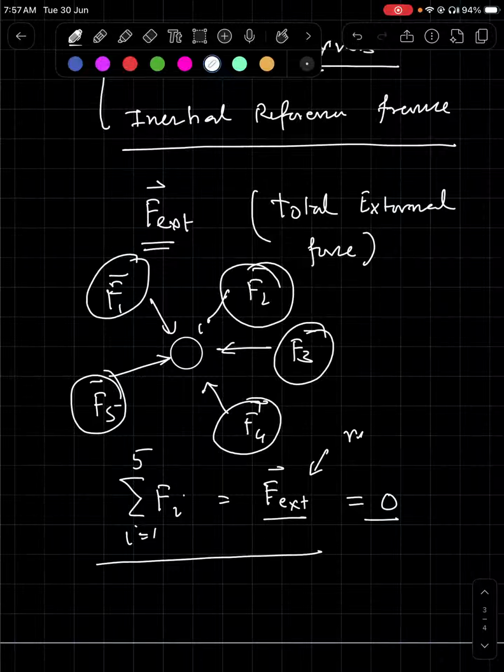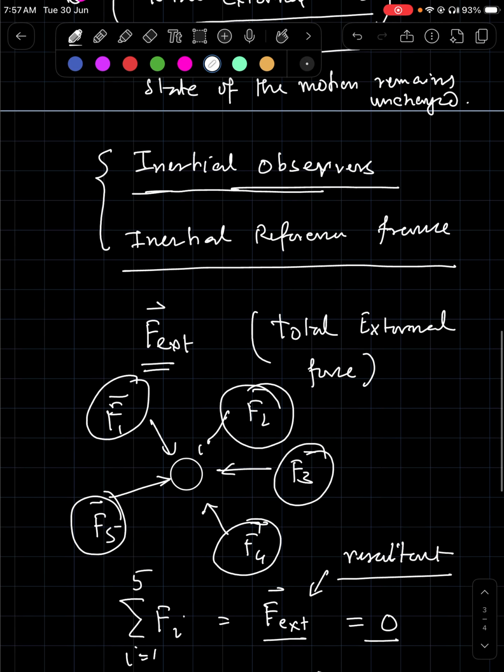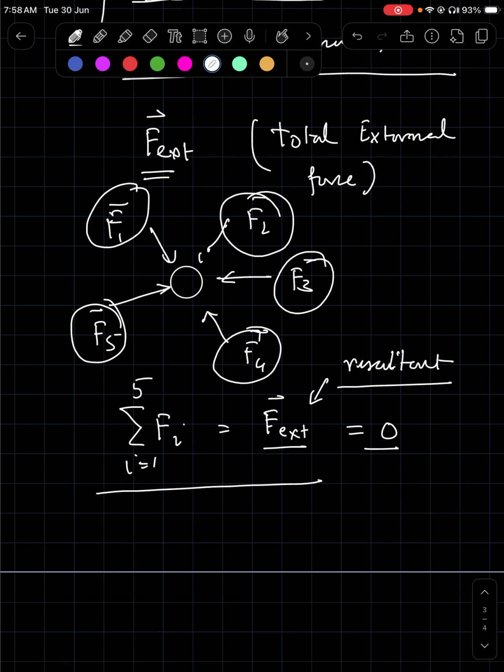So for inertial observers, if the total external force, or the resultant external force, is zero, then the state of the motion remains unchanged.